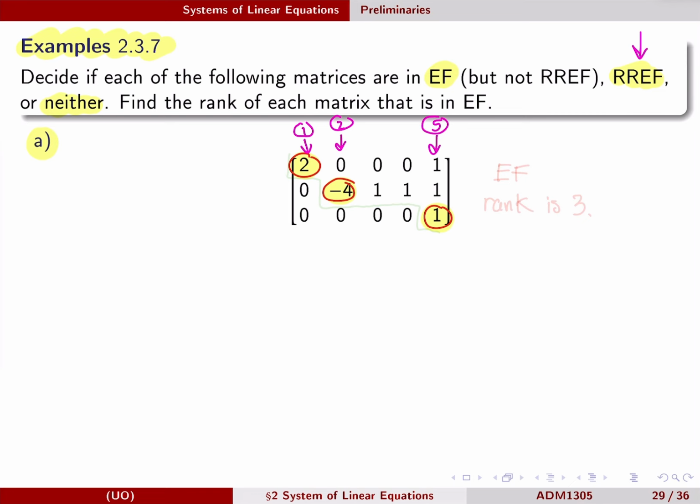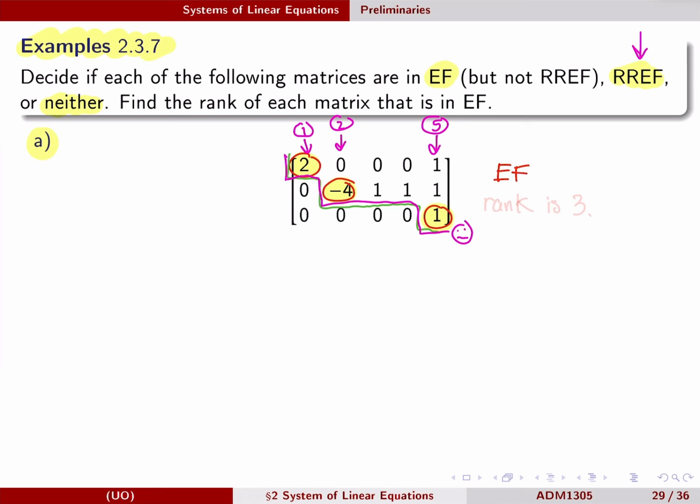So we are going from left to right. Some people sometimes like to draw that little stairway pattern. So when I'm looking at my structure, the steps of this upside down stairway only go down by 1. I'm not sure if it helps here, but this matrix is in echelon form.